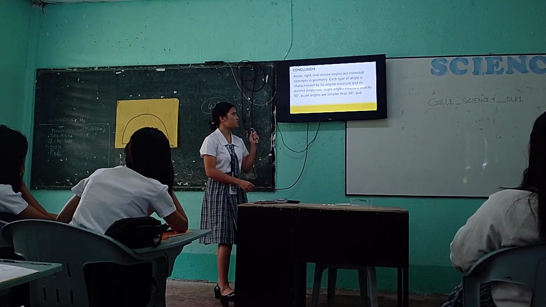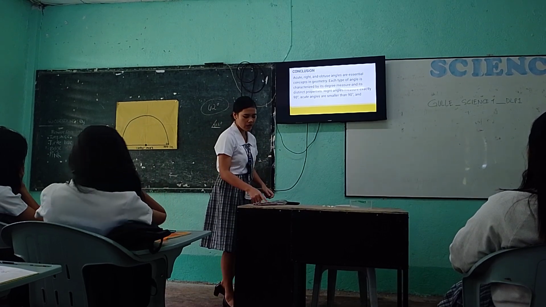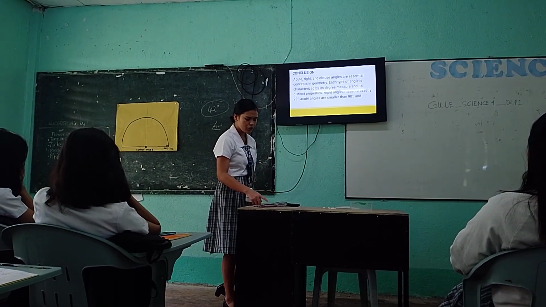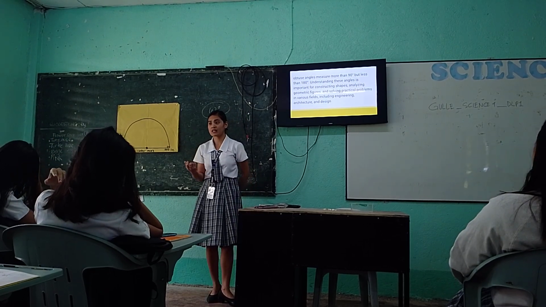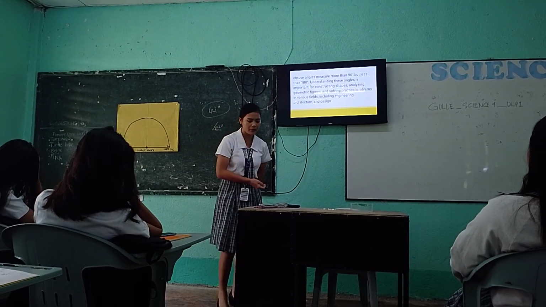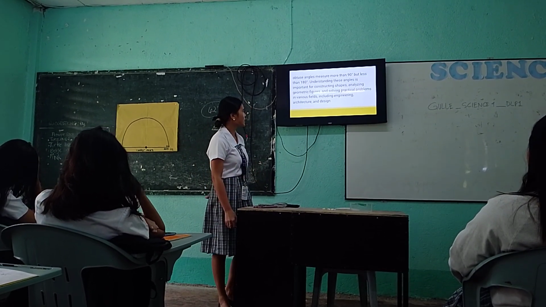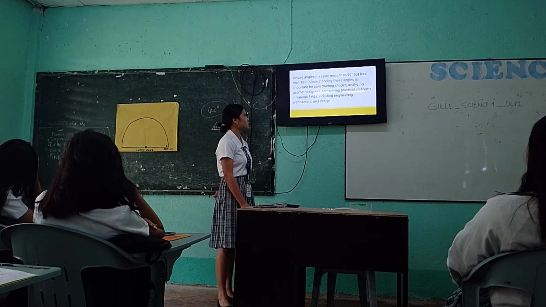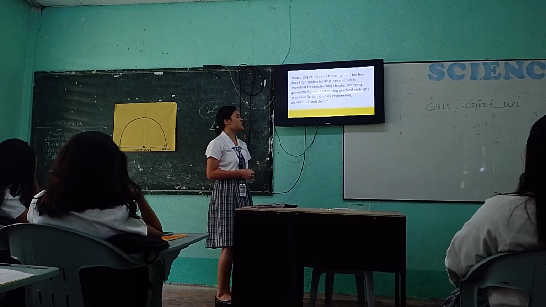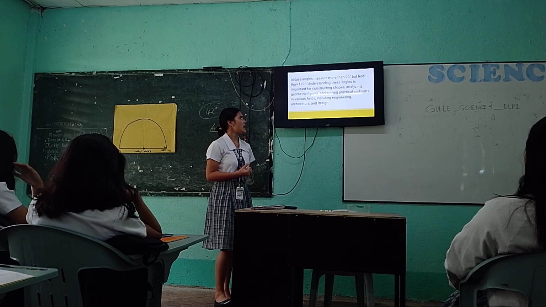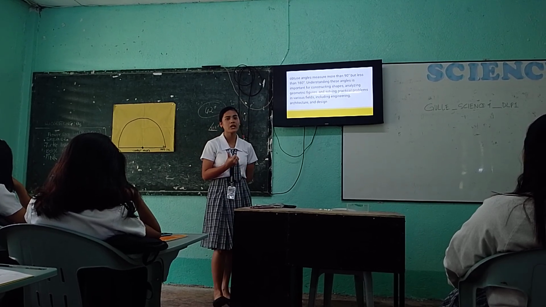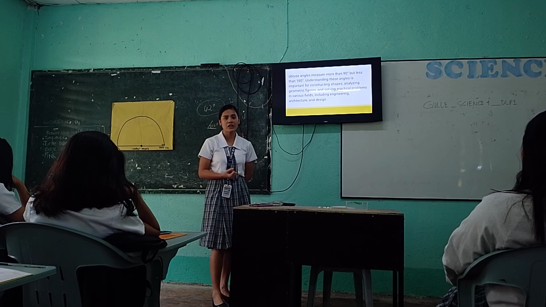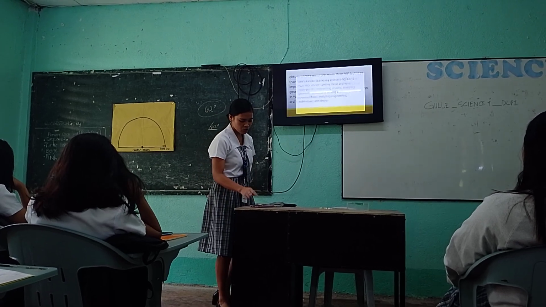Acute angles are smaller than 90 degree and obtuse angle measures more than 90 degree but less than 180 degree. Understanding these angles is important for constructing shapes, analyzing geometric figures, and solving practical problems in various fields including engineering, architecture and design.